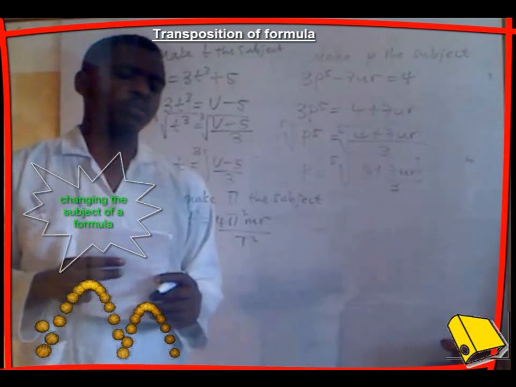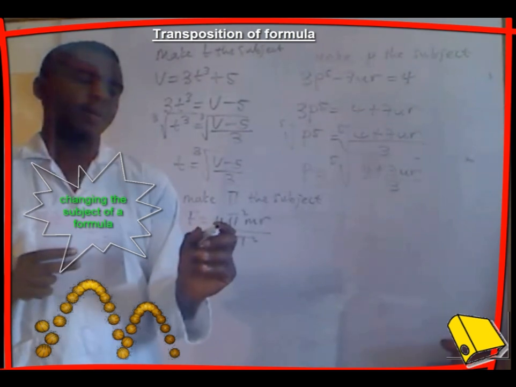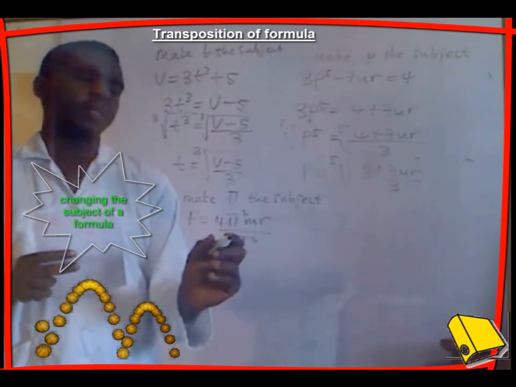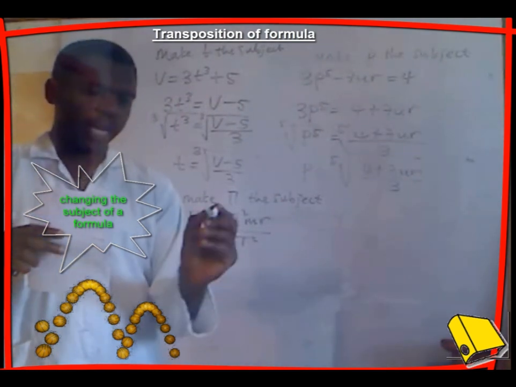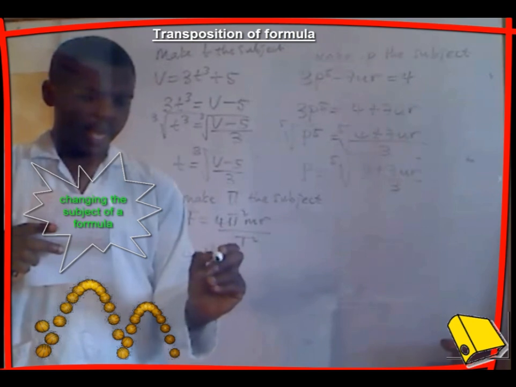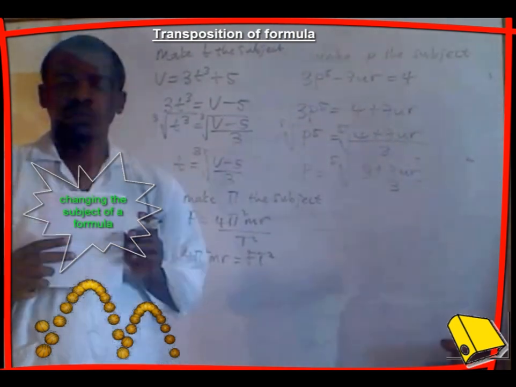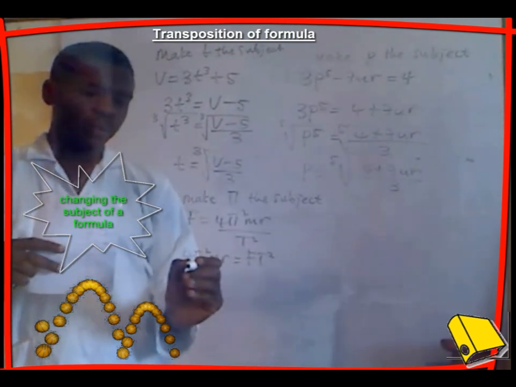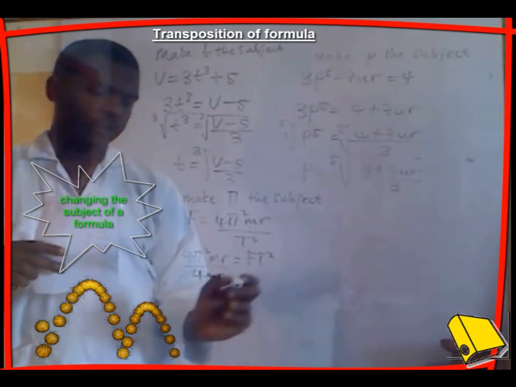Make pi the subject in the formula F is equals to 4 pi square mr divided by t square. I want to make pi the subject. I cross multiply. So I have 4 pi square mr is equals to f times t square. I divide all through by 4mr.